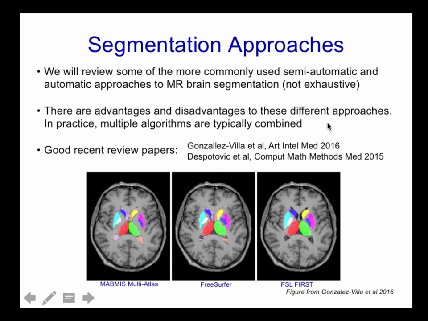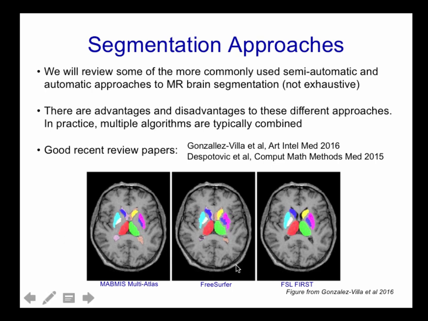It really depends on what you're trying to obtain in the end. Sometimes, if you just want to get volumes and you're not interested in a perfect reconstruction of the shape of a structure, then that might drive the type of segmentation algorithm you use and how you evaluate it.